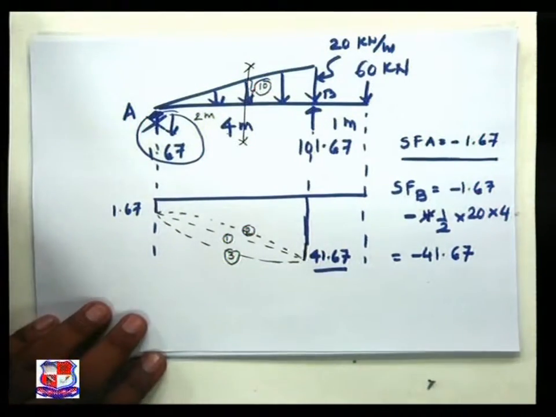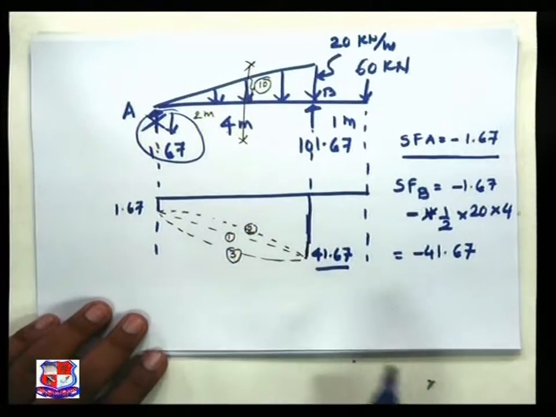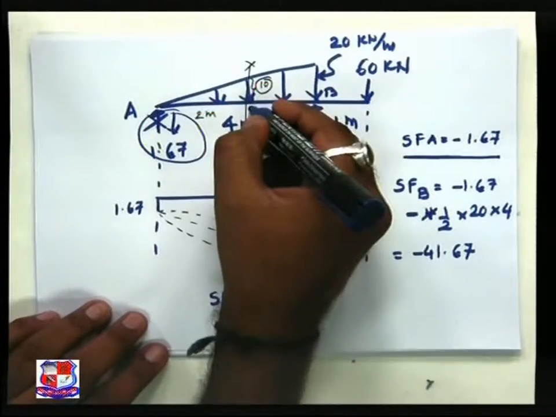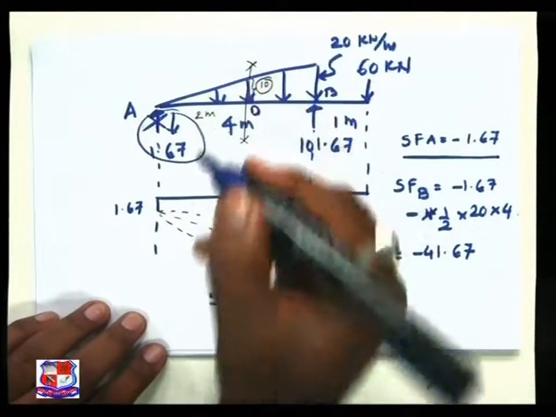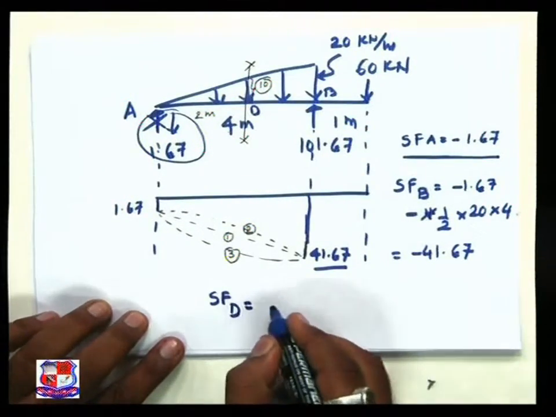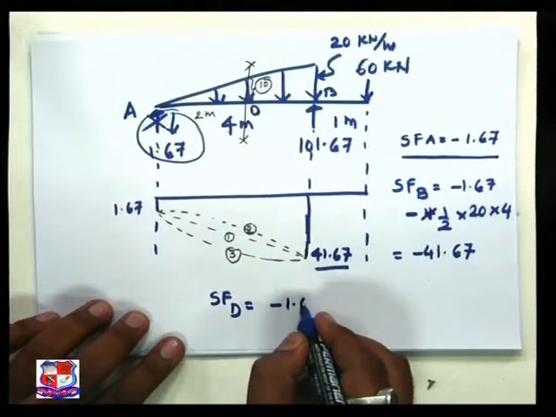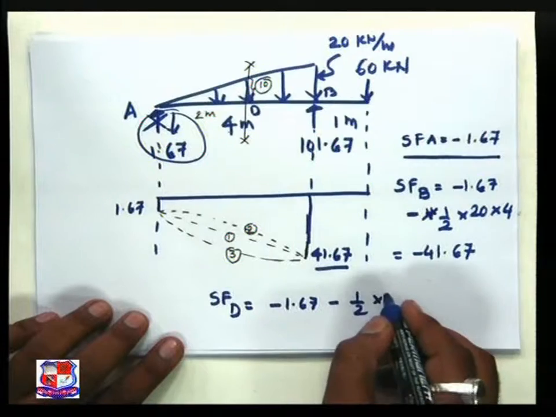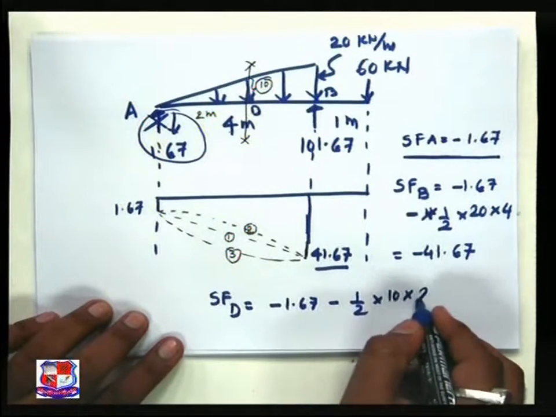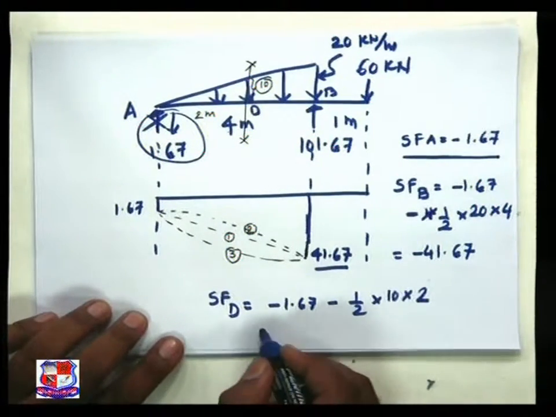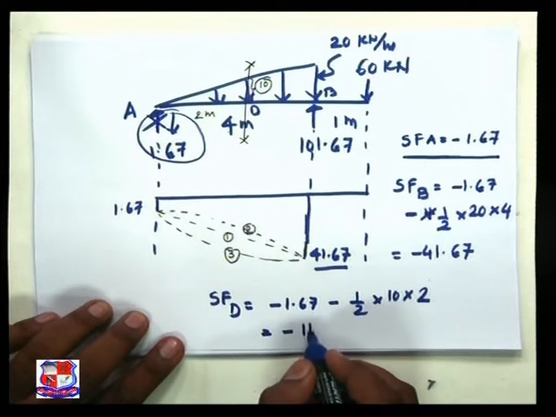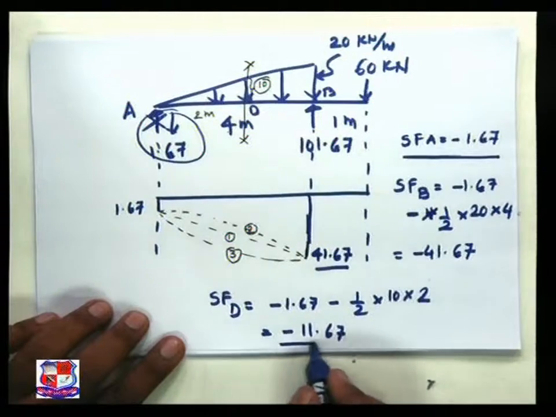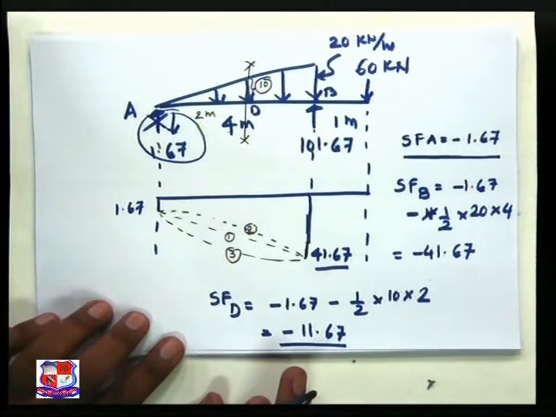And if we are going to find out the shear force at this section, defined as D, it is equal to minus 1.67 minus half into 10 into 2. This gives me minus 1.67. Interesting answer, minus 1.67.